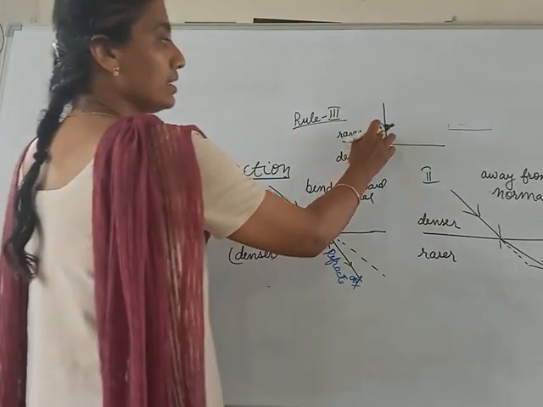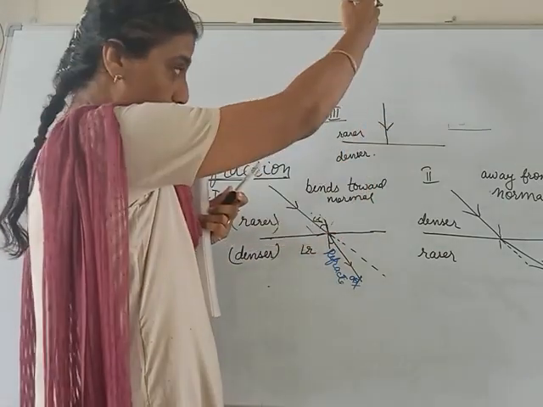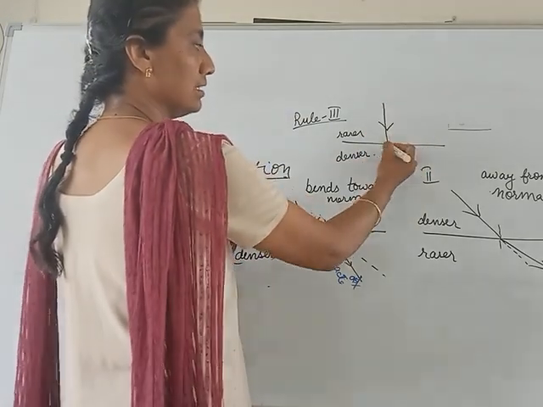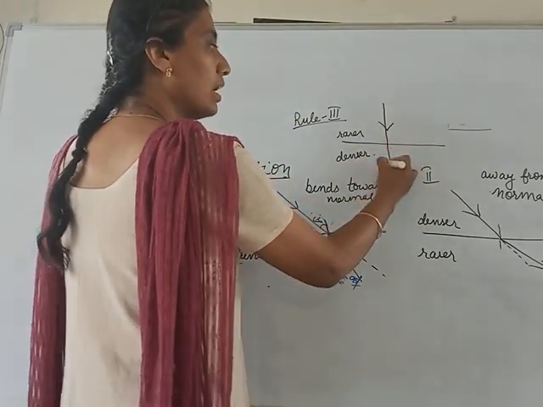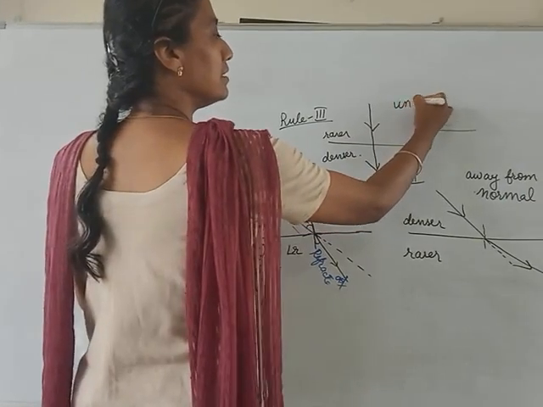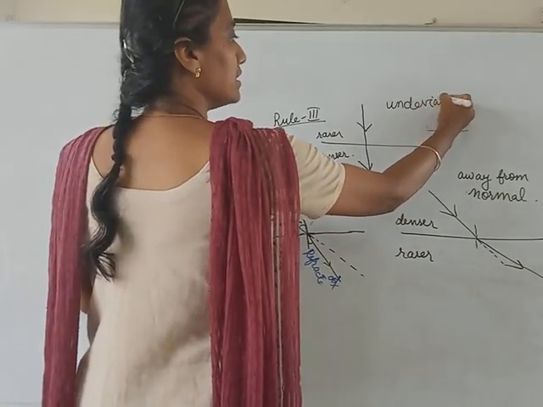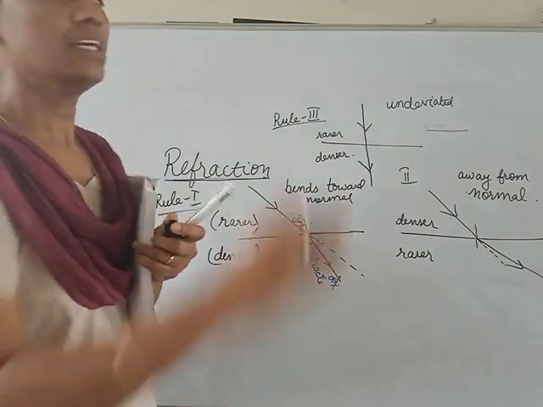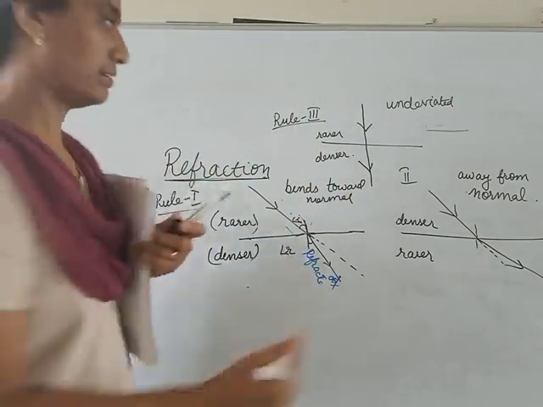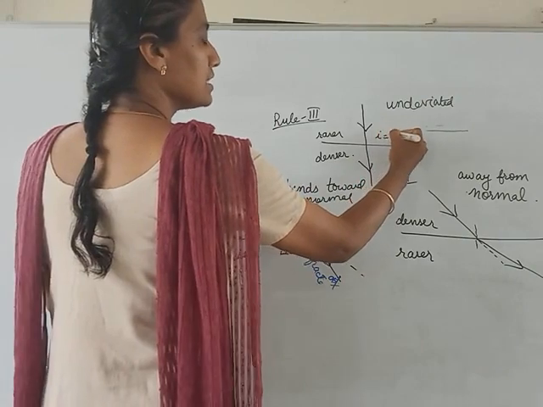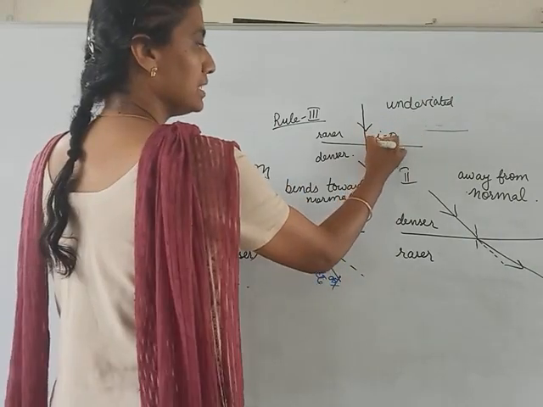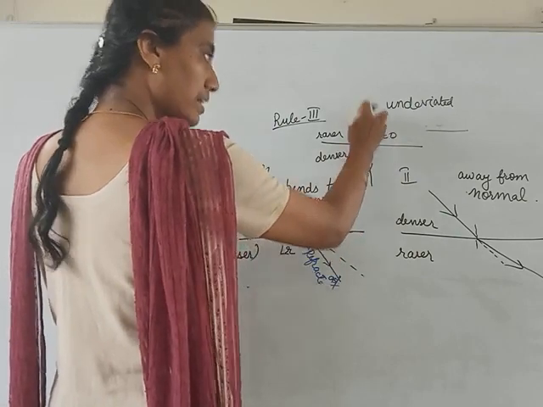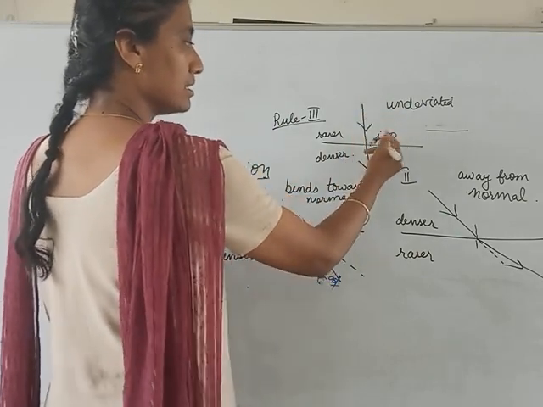So in this case, if it is incident perpendicular, without any angle, then the ray will go undeviated, in the sense no bending will happen. It will go in a straight line path, simply because angle of incidence is 0. Don't say 90. Angle of incidence is the angle between the incident ray and the normal. So this is the normal, this is the incident ray.